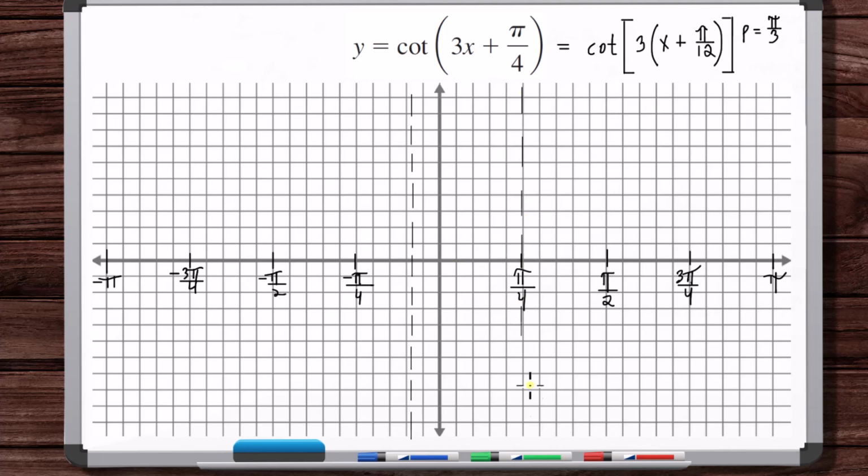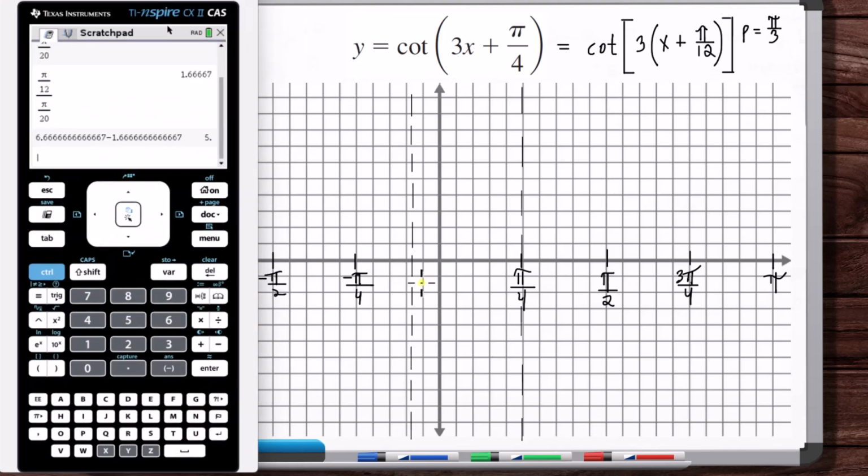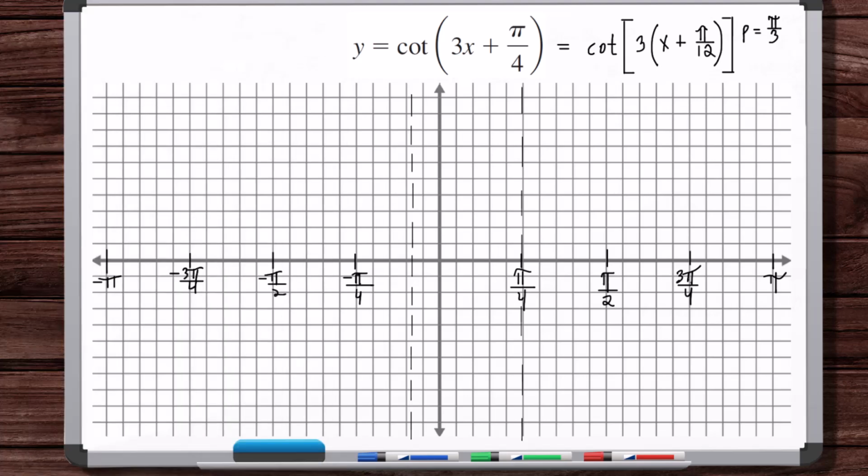So pi over 4 plus pi over 12 should be pi over 3. Okay, so there's the interval.